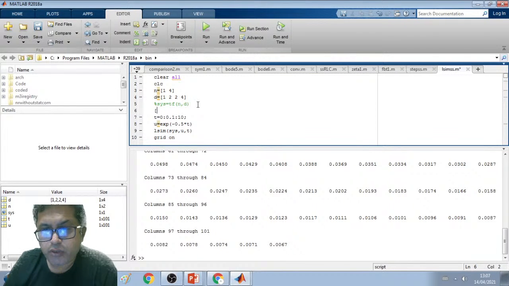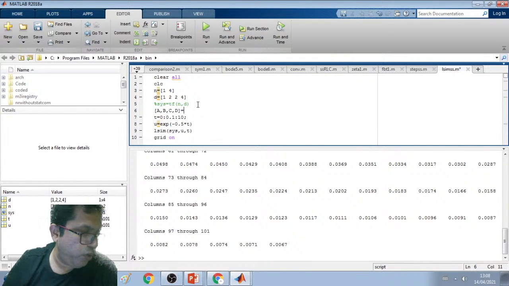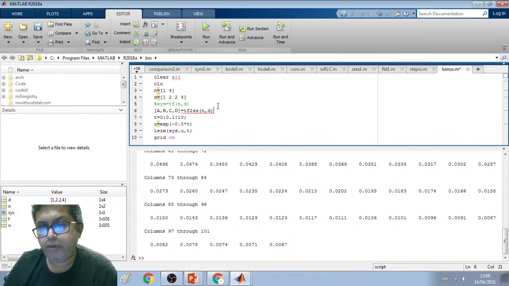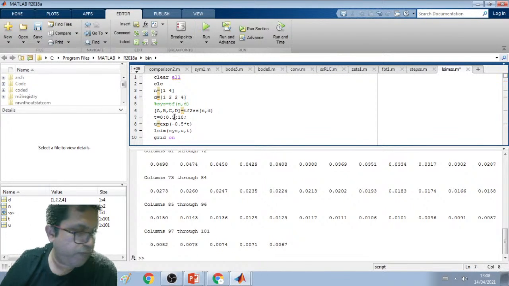A comma B comma C comma D is equal to transfer function to state space n comma D. Then T equal to 0, 0.5, 10. Okay.